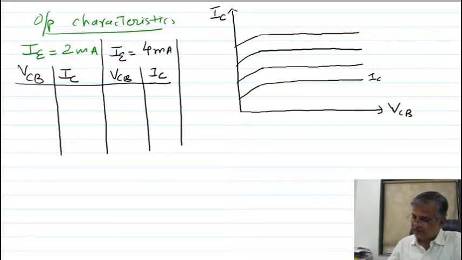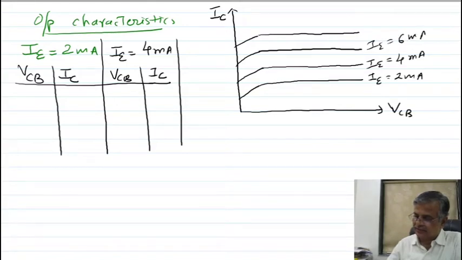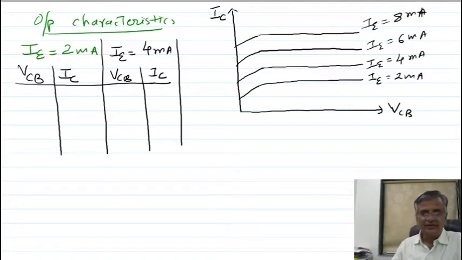This ammeter current is 2 milliampere, I am writing here. This ammeter current I am writing 4 milliampere. This ammeter current is what? 6 milliampere. This ammeter current is 8 milliampere. You can take any value.